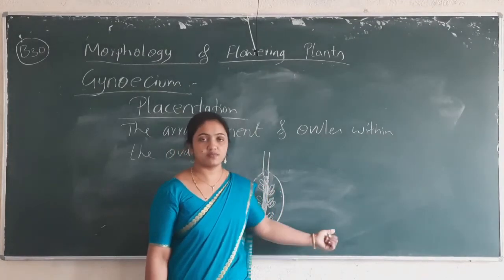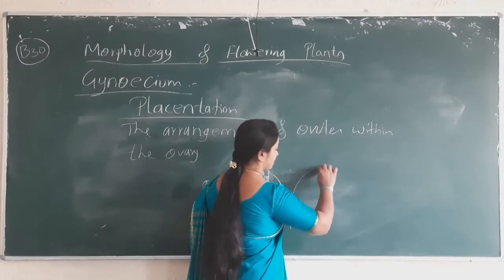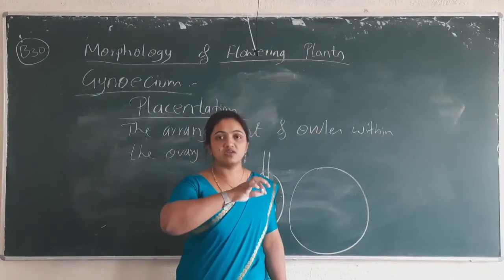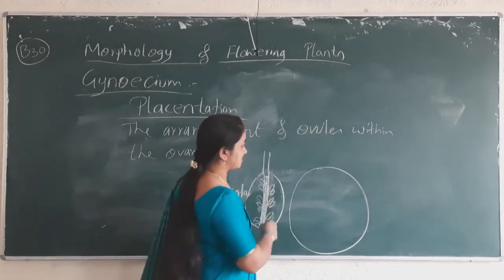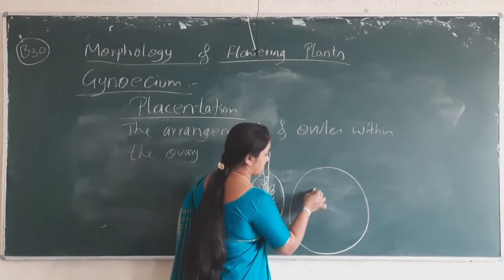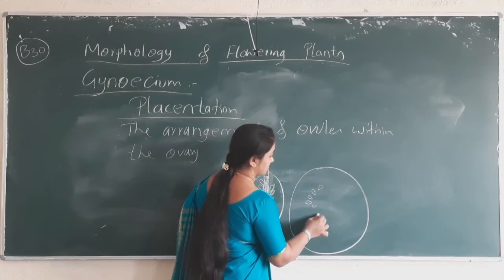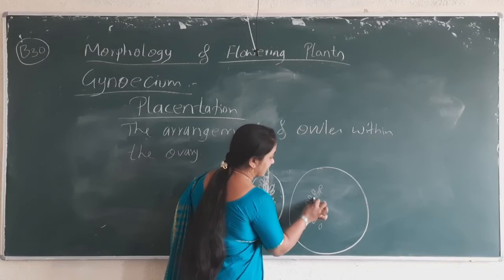Just observe the tomato fruit. In the tomato fruit, you can't find an orderly arrangement of seeds. Seeds will be scattered here and there inside the tomato. Whenever you cut the tomato, to some of the parts the seeds get attached.